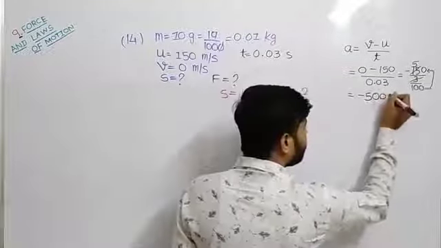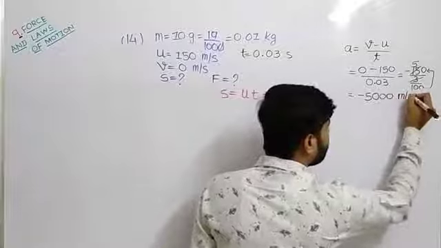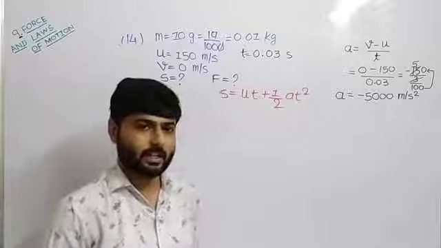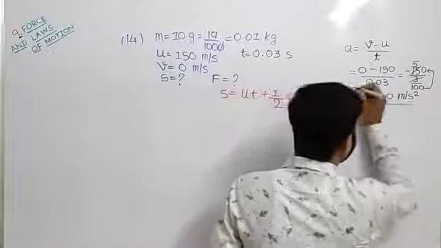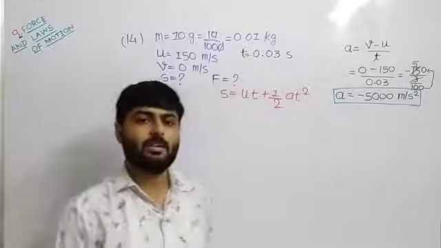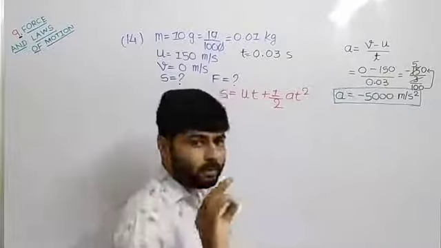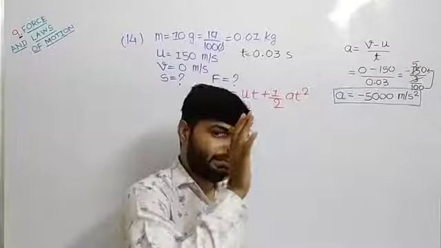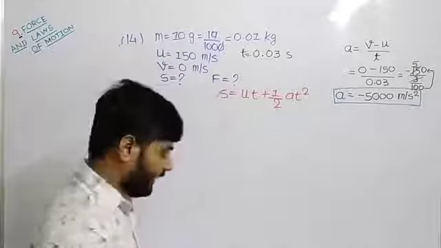So I have 50 into 100, that is 5000. Acceleration is in meter per second square. So here I have the value of acceleration as minus 5000 meter per second square. Why minus 5000? Because velocity is decreasing. Velocity is 150, that becomes 0. I told you in previous lectures many times that when velocity decreases, the acceleration will be negative. So I have the value of a now.